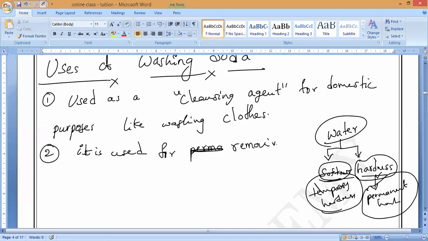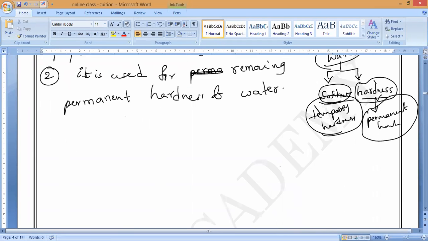Water is always of two types: temporary hardness and permanent hardness. For permanent hardness we use washing soda or sodium carbonate. Remember that. Next, the third point.